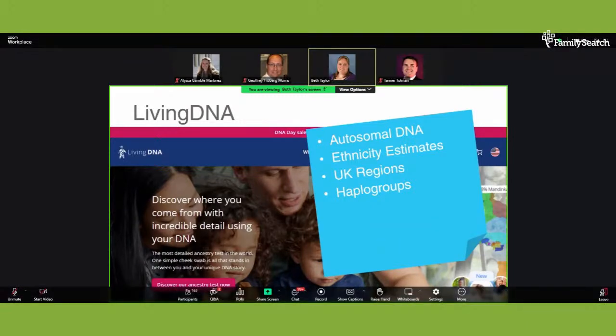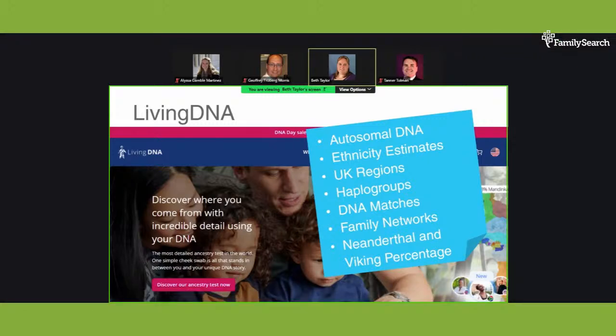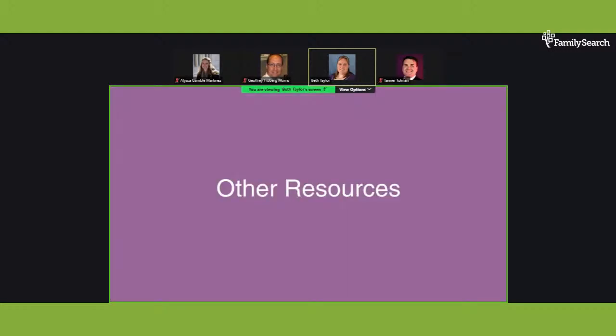So that's the big difference between Family Tree DNA and the other companies. Again, they're providing DNA matches, family networks, and they are also, for an added cost, I should tell you this, they will tell you your Neanderthal and Viking percentage. So just kind of some fun information if you want to take a look at it. So those are the 5 big DNA testing companies that we talk about the most.